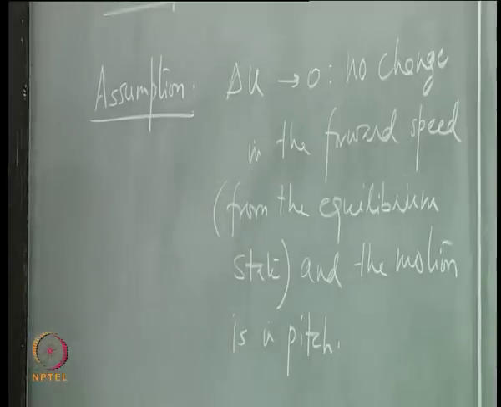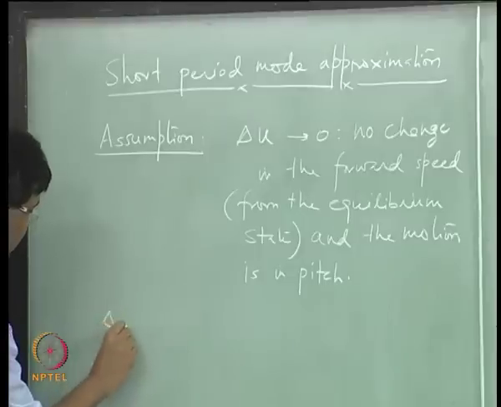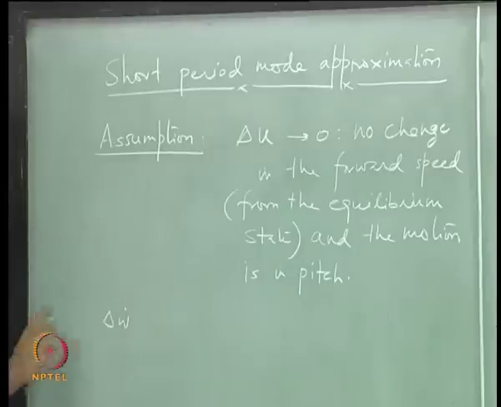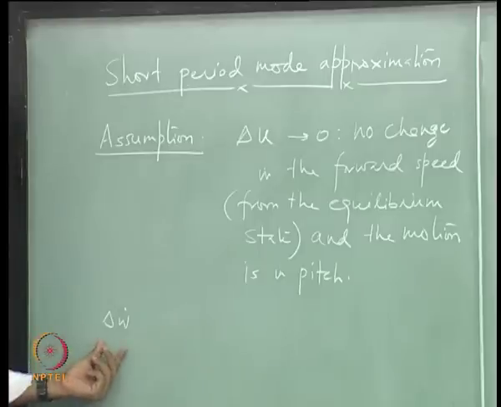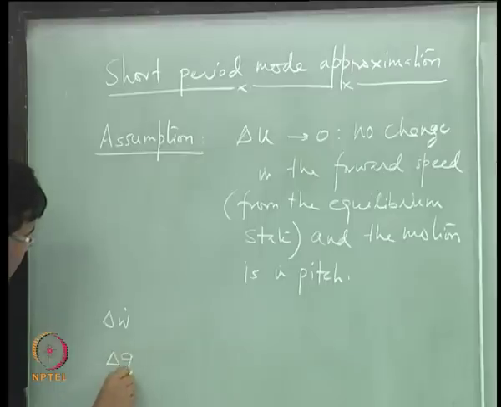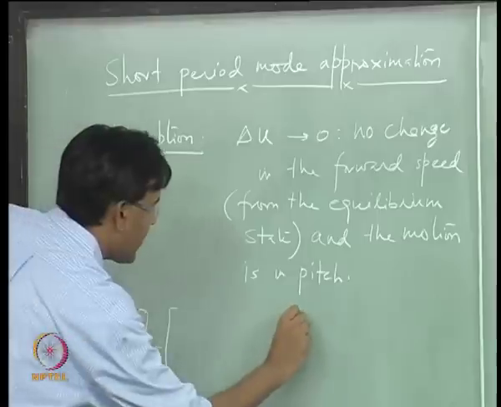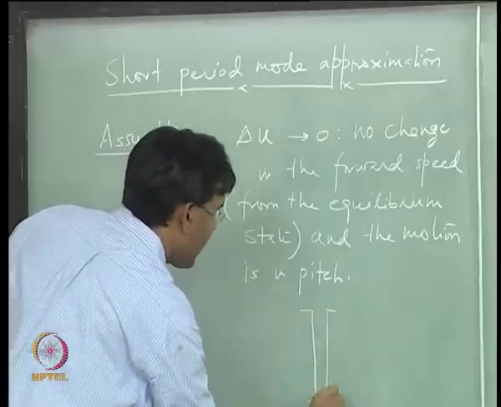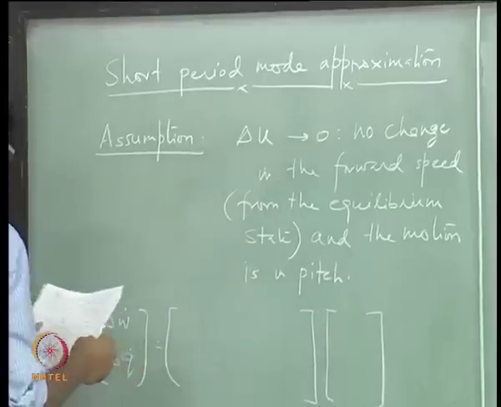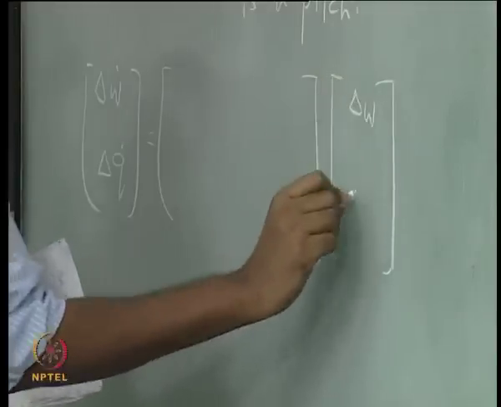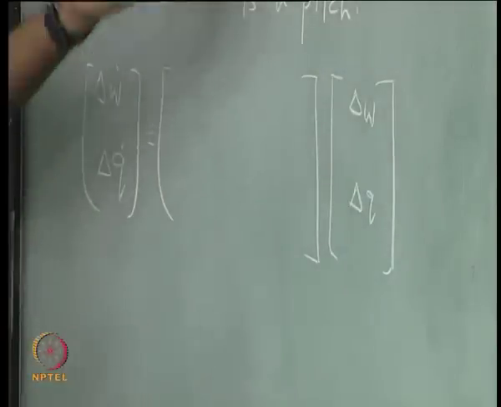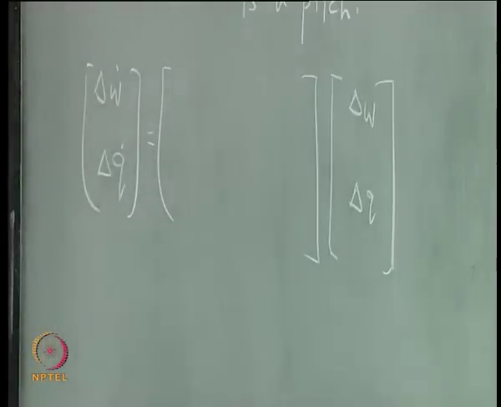Okay. Now, with this assumption, I can reduce my 4 by 4 longitudinal linearized aircraft dynamic equations of motion to a 2 by 2 system, the equation in 2 variables, and those variables involved here are delta w, right, and delta q. When we are looking at stability, we are actually looking at the free response, right.